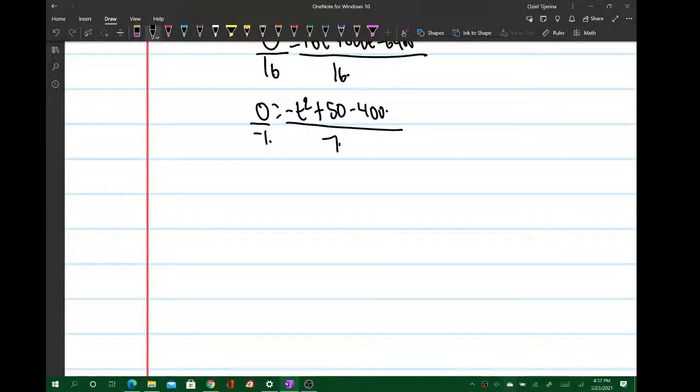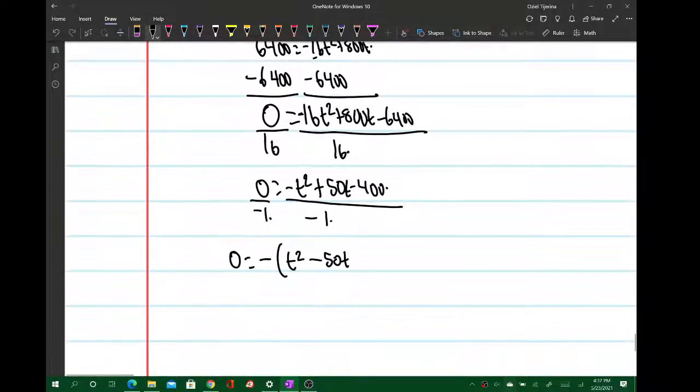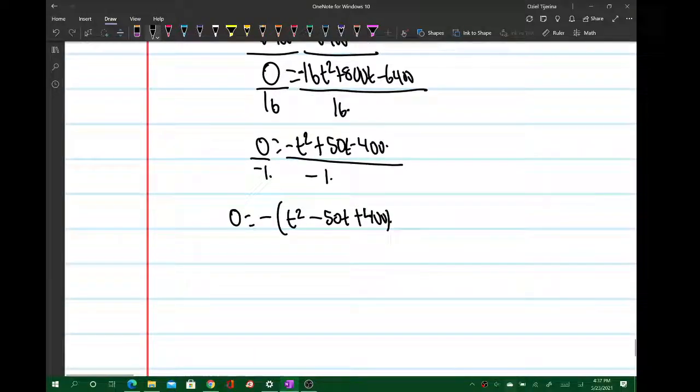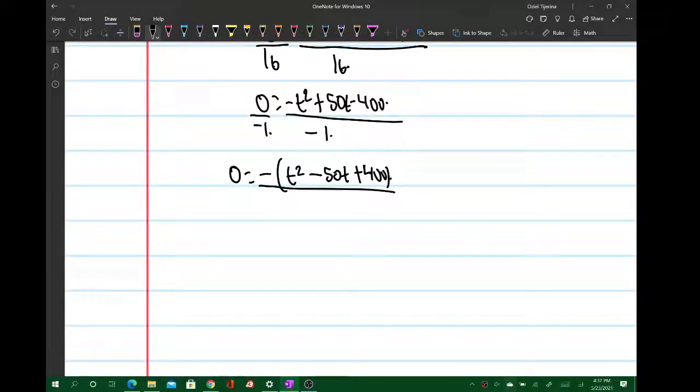If you don't know how to work this out, it's okay. You can just say that this is negative the quantity t squared minus 50t plus 400, over negative 1.